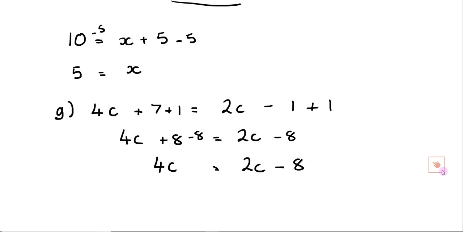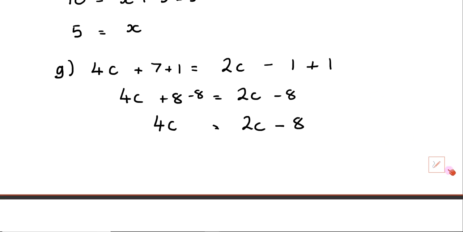All right? Now, the next step I think is quite obvious. So we subtract 2c. I could divide by 2 actually, but easier would be to subtract the 2c's, which I'm left with 2c's equals minus 8.